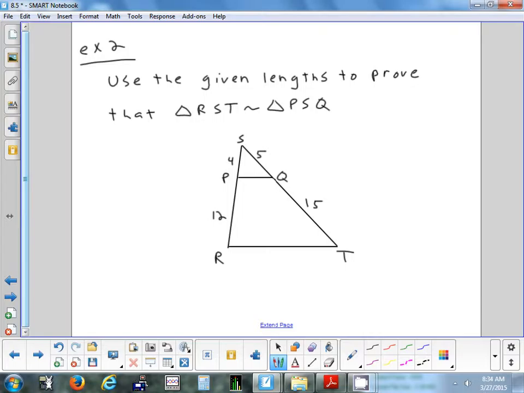Okay, next one, a little bit more calculation based. Okay. Actually, no, this one's not calculation. We're just using sides to prove that triangles are similar.